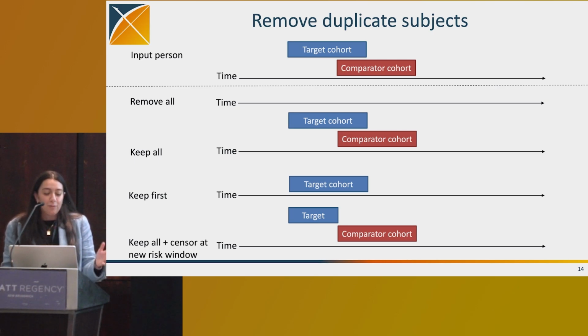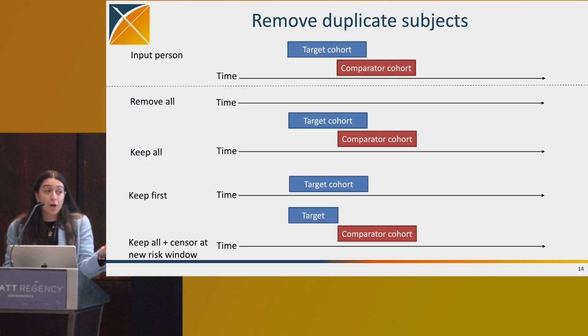Next, we spoke earlier about removing duplicate subjects. There are a few different options for how we handle this. The first is that you remove patients who are in both the target and the comparator cohorts from the study altogether, so they end up in neither cohort. Maybe we keep all of them, and they're allowed to be in both the target cohort and the comparator cohort, even with overlapping times. We might choose to keep only the first exposure the patient has.